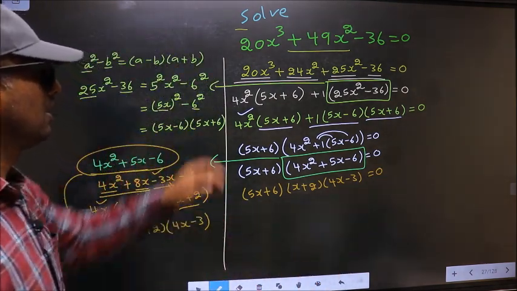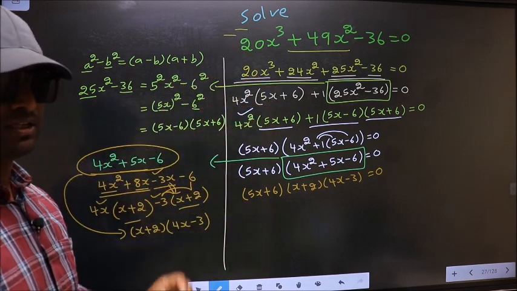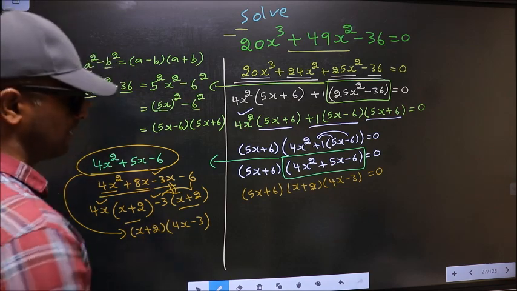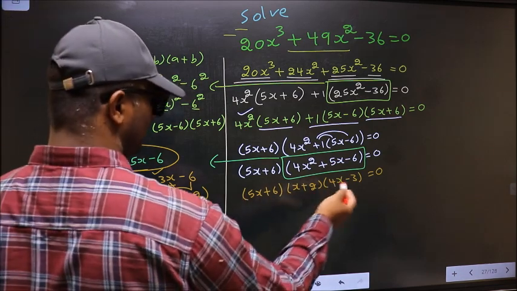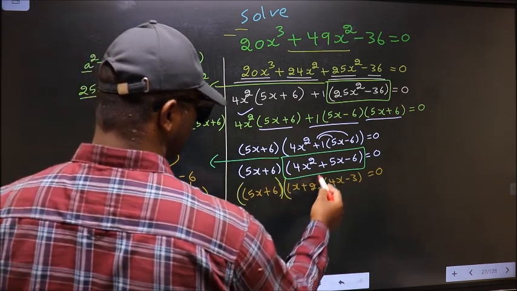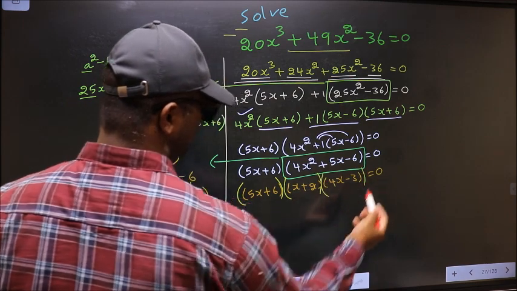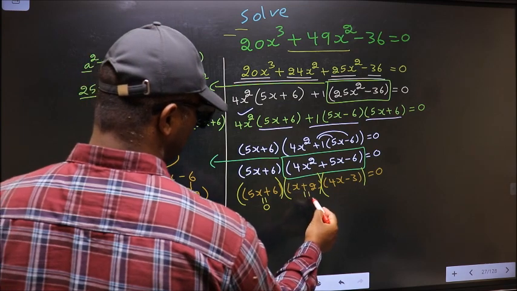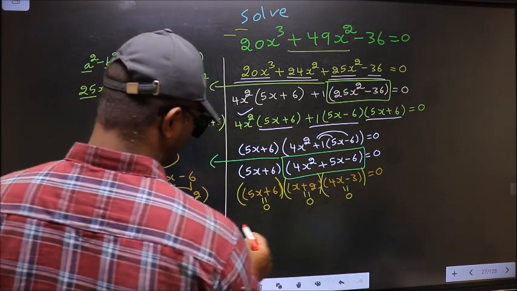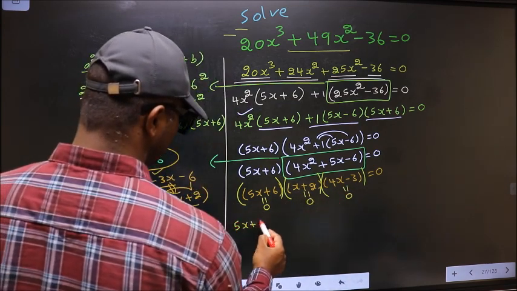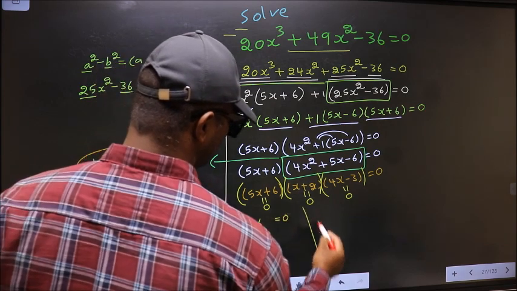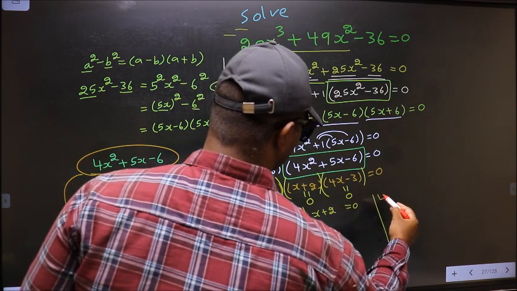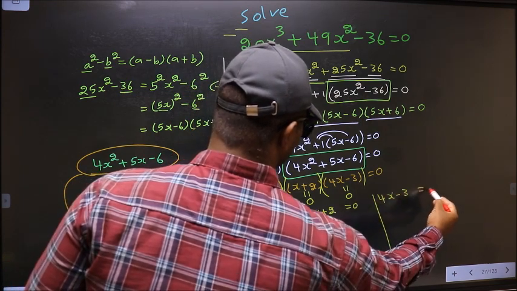Here they told us to solve, which means we should get the values of x, and over here we got product of brackets equal to 0. So to get x values, we should equate each bracket to 0. That is 5x plus 6 equal to 0, x plus 2 equal to 0, 4x minus 3 equal to 0.